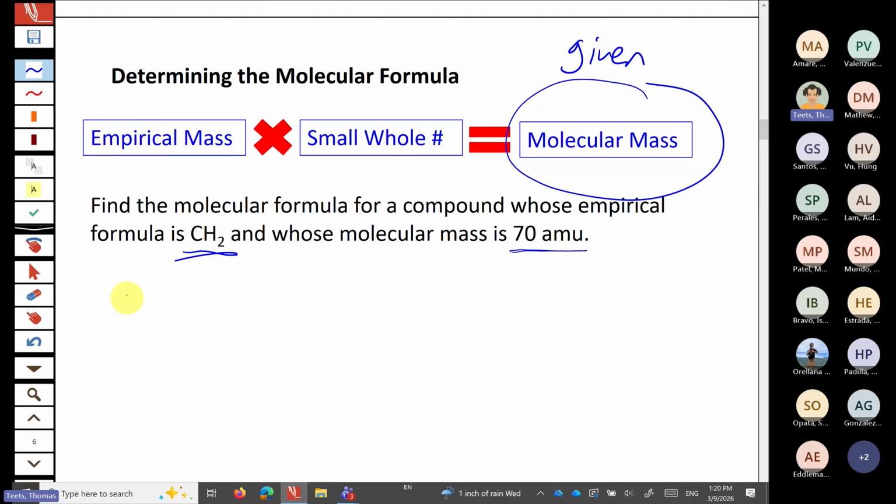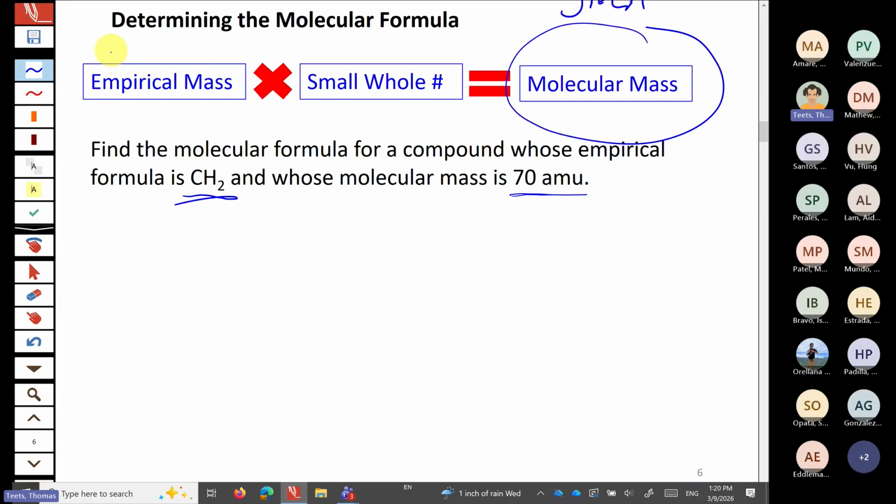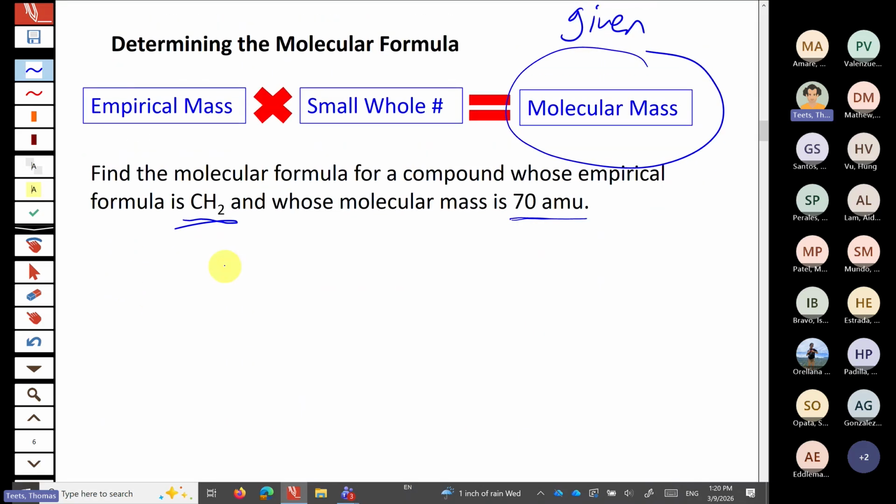So in a situation like this, where we've gotten the empirical formula, and now you want to find out what the molecular formula is, what you're going to do first is find the empirical mass from the empirical formula, which again, on its own is not a very meaningful quantity, but in this type of problem, you'll need it. So we're going to calculate the empirical mass, as I'll call it, the mass that corresponds to the empirical formula, where we're going to take the atomic masses of the elements in the empirical formula and add them up.